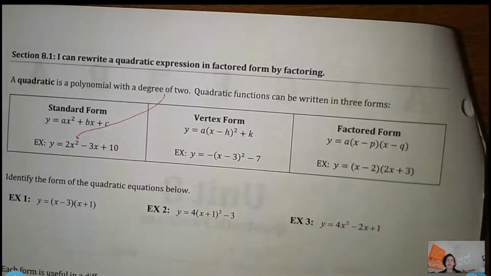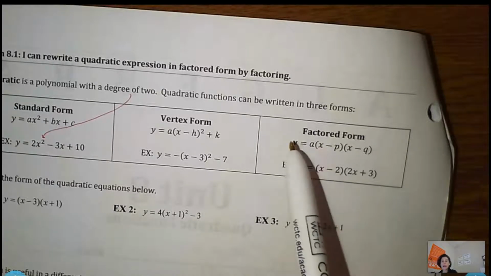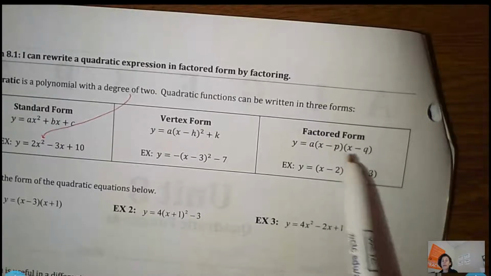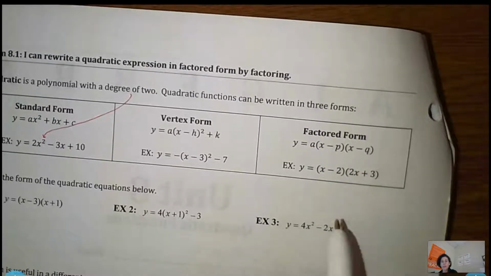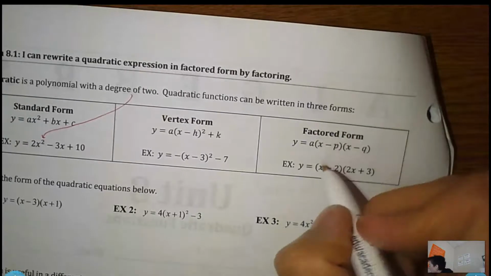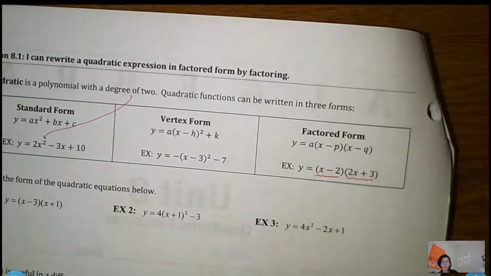Just like factors of 32 might be 8 and 4, because you need 4 and 8 to get back to 32, and they're separated by multiplication. So again, just like before, you're going to see x and y, and then there are these other letters, a, p, and q, that become numbers. So factored form. So x minus 2 is a factor, and 2x plus 3 is a factor.